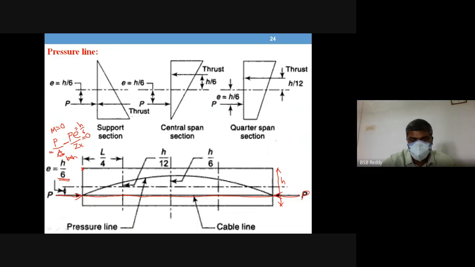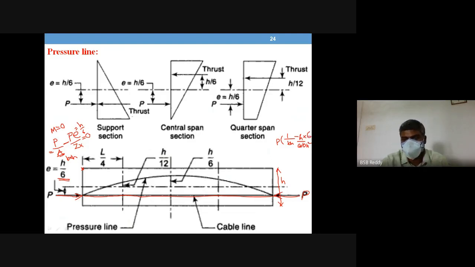support. So P common, 1 by BH minus P common is just gone out, H by 6 divided by BH square by 6.